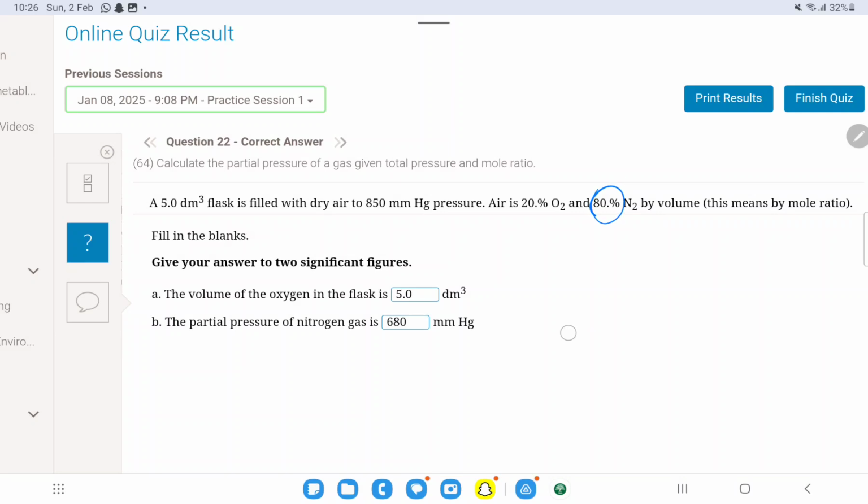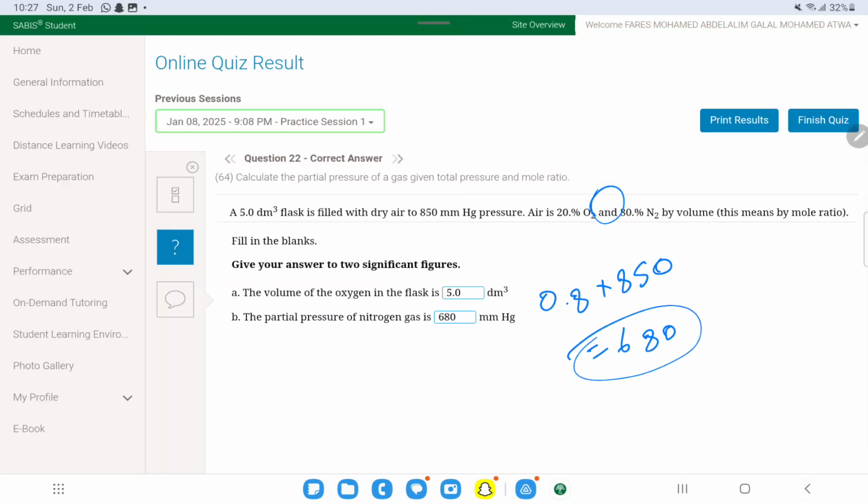So you multiply 0.8 times 850, you get 680. And you can't really change this into two significant figures, here it is.